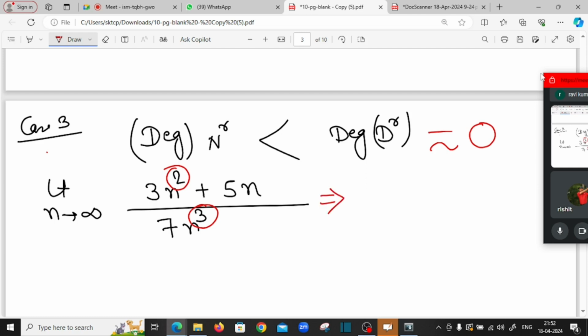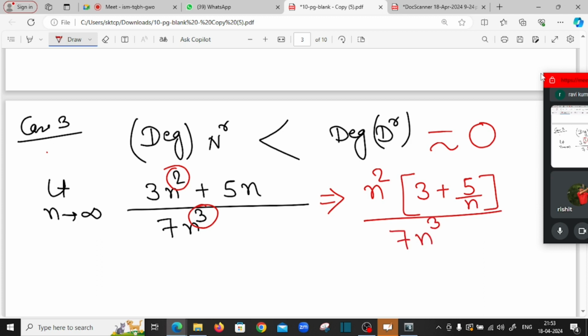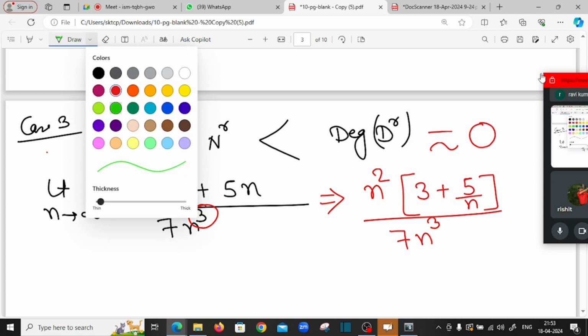Take out the maximum power of n from numerator as well as denominator. So in the numerator you will take n square as common, so you will get 3 plus 5 upon n. Is it okay? Whole divided by, in the denominator there is only one term, so no need to take common. You can write directly. Now do the simplification.